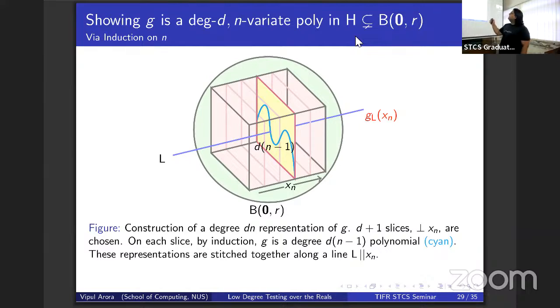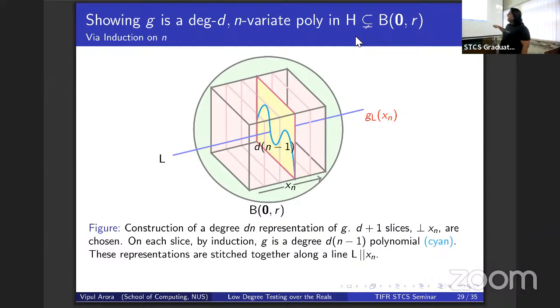So we first construct a degree Dn, n-variate polynomial representation. Therefore, by the inductive hypothesis, on all of these D plus 1 many slices, G has a degree D, n minus 1 variate representation.